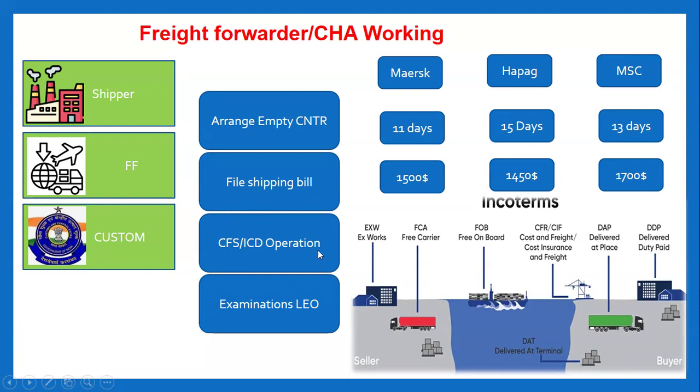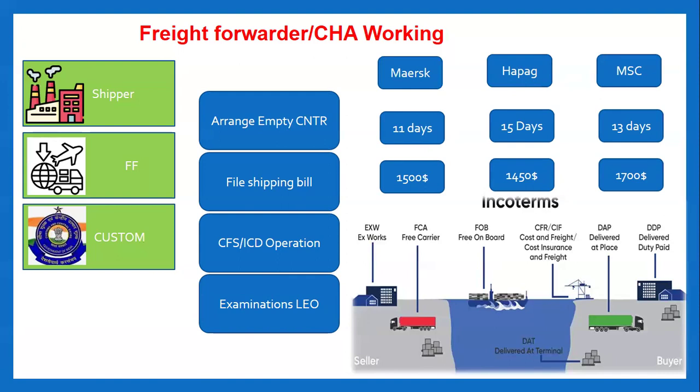The container will be unloaded from the truck. But before entering the CFS area, the driver must show the shipping bill number to the CFS. On the basis of the shipping bill number, the container is allowed inside the CFS.